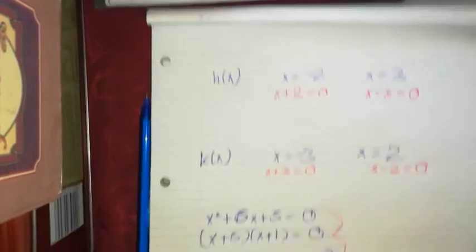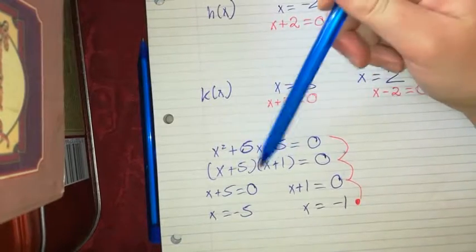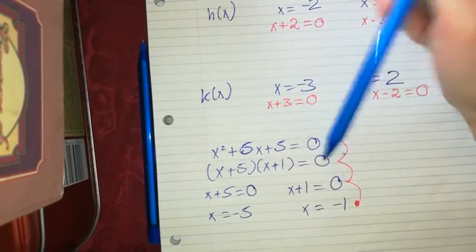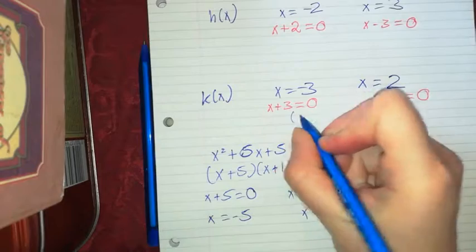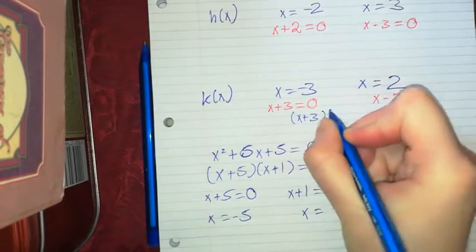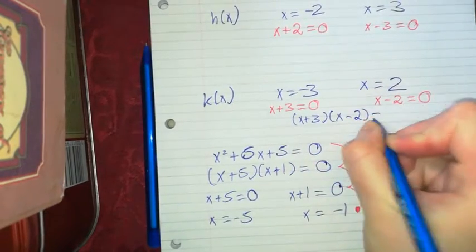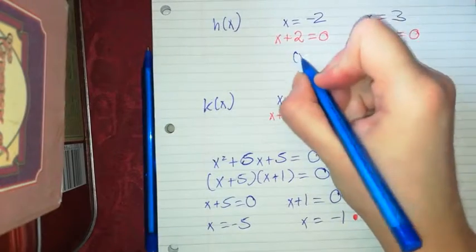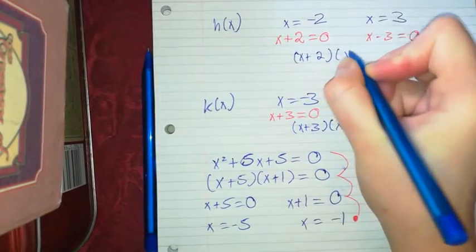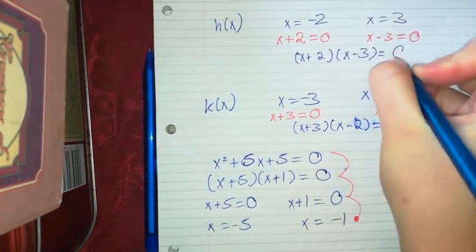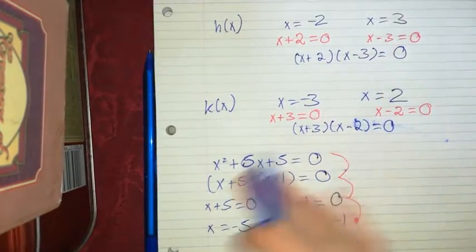Then I have to have them multiplied together, if I'm going backwards again, to be 0. So this one is x plus 3 times x minus 2 equals 0, and this one is x plus 2 times x minus 3 equals 0. Now I just have to multiply them out.